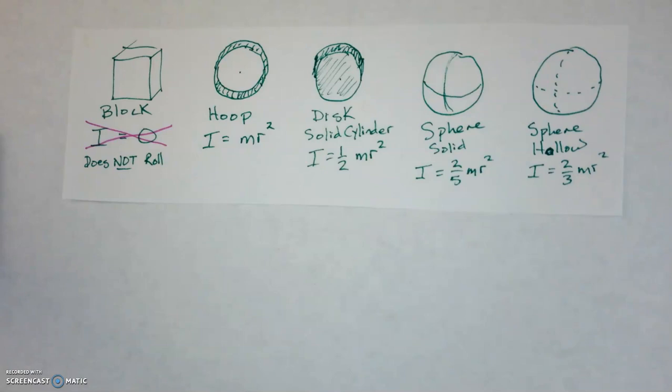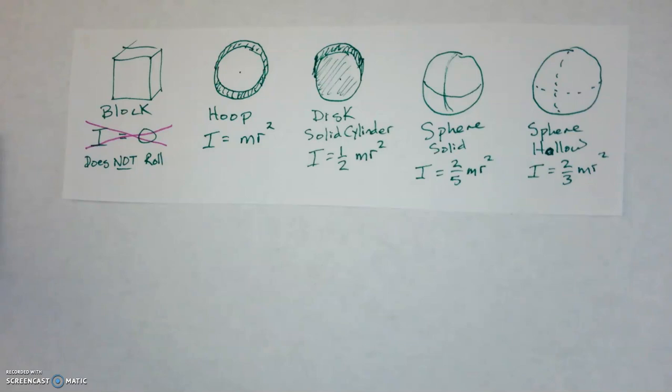Then we have 4 other shapes that will roll. We have a hoop where all of the mass is located at the radius away from the center, so this would be like a hula hoop or a hollow cylinder of some kind. Then we have a disc, which is a solid cylinder, uniform mass throughout.